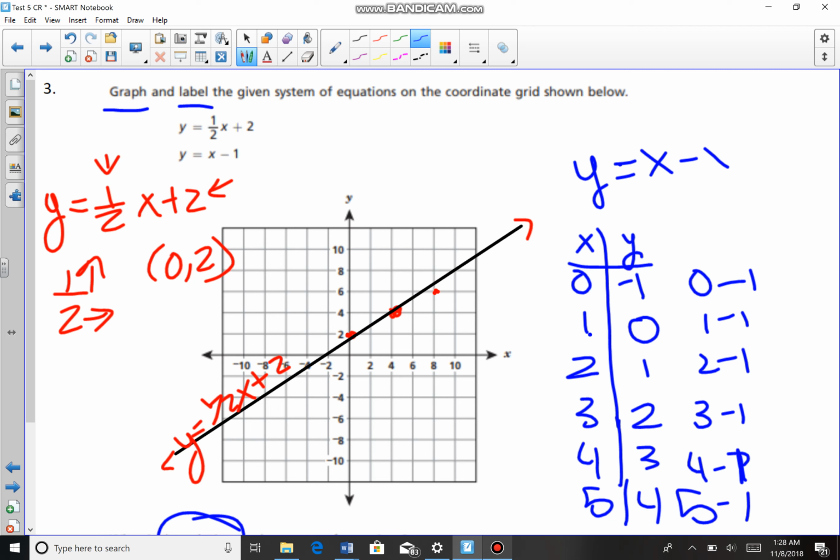So (0, -1) is going to be somewhere down here. And (1, 0) is somewhere over here.